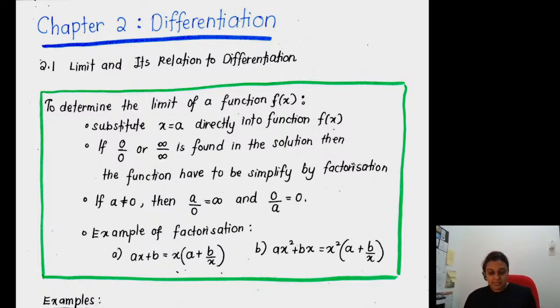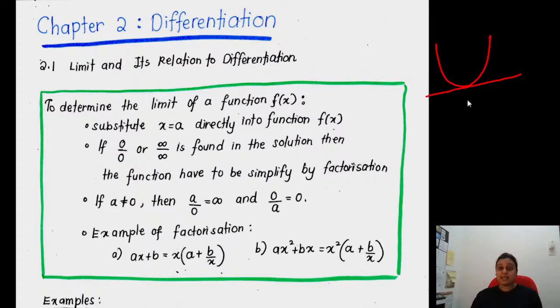Now let me start with the basics of what is differentiation. Maybe you don't know the meaning of differentiation. Let me go back to your Form 4. If you still remember, you learned about the quadratic graph, and drawing a straight line that touches the graph.